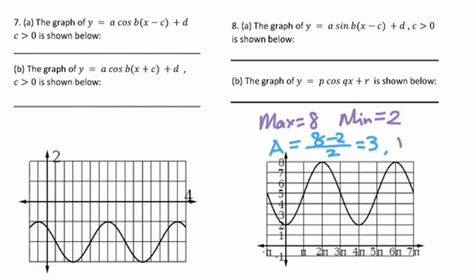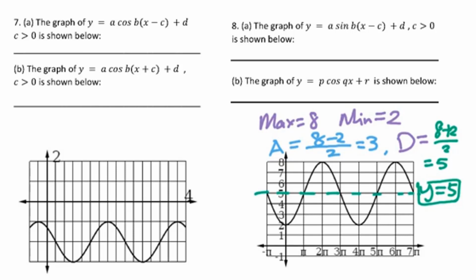And for midline, that's D equals 8 plus 2 over 2, that's 5. So we need to draw y equals 5. That's the midline. That will be here.